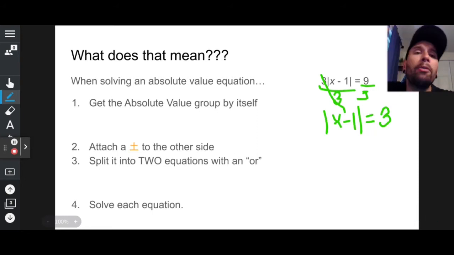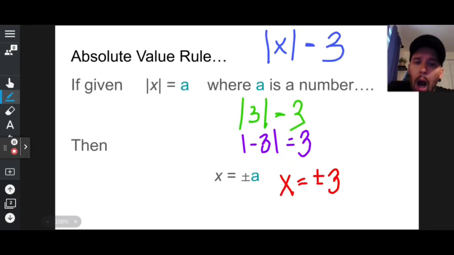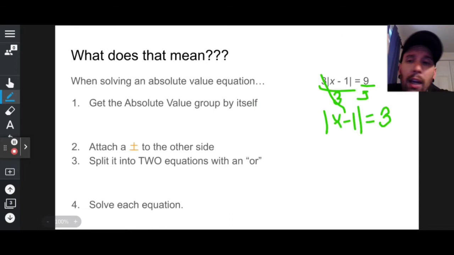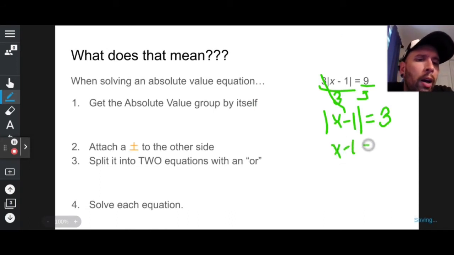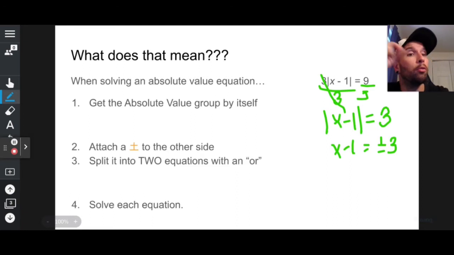Now, once I get the absolute value all by itself, what I want to do is get rid of the absolute value, just like we saw back here. I'm going to get rid of the absolute value, but make the right side positive or negative. Now, what this is saying is x minus 1 equals positive 3, or x minus 1 equals negative 3.